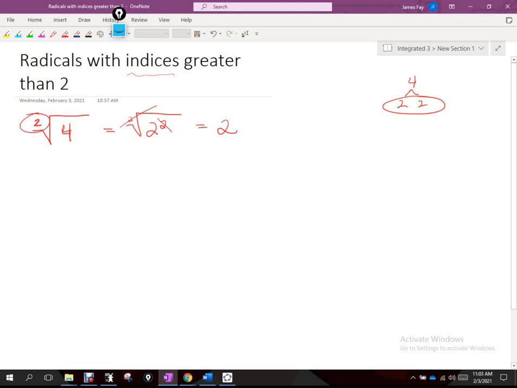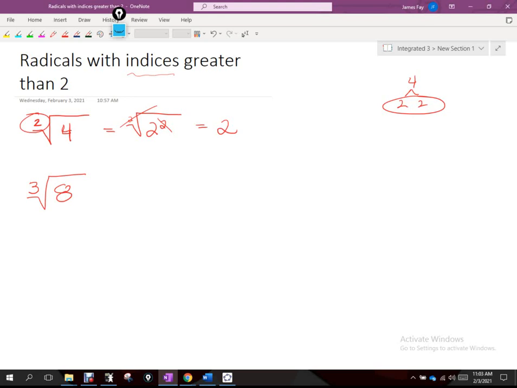So what if I do something like this? I change the index out front to a 3. No longer am I looking for the square root. I'm now looking for something called the cube root.